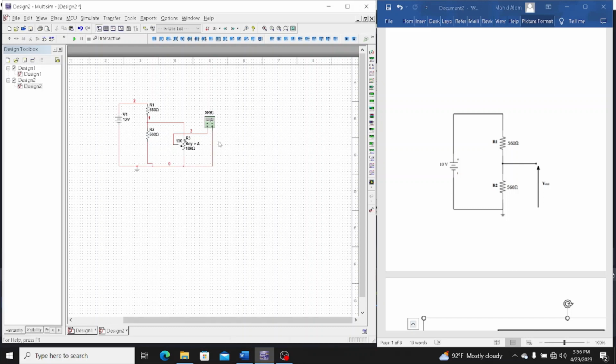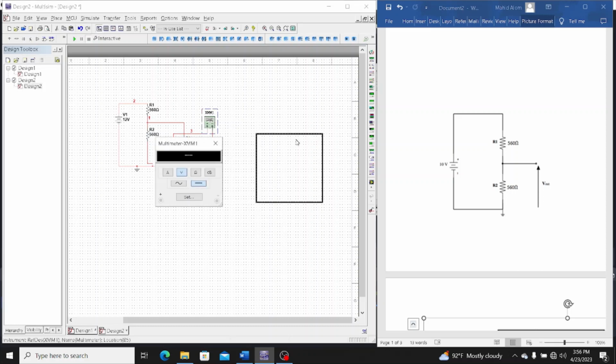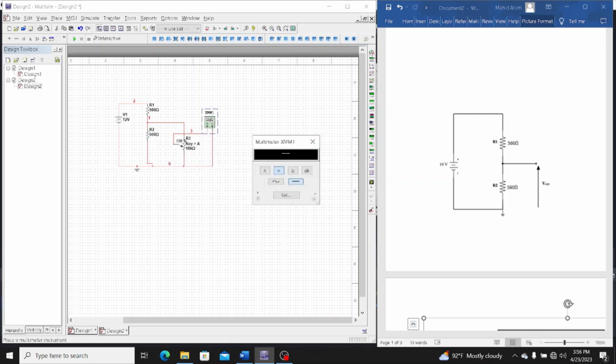Then I am going to take one more multimeter, then change the rotation to determine voltage.